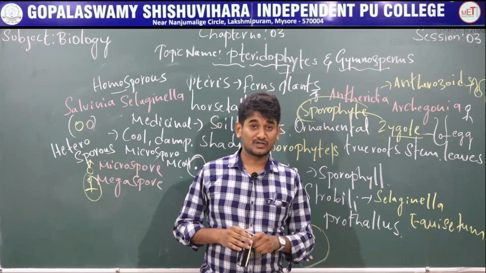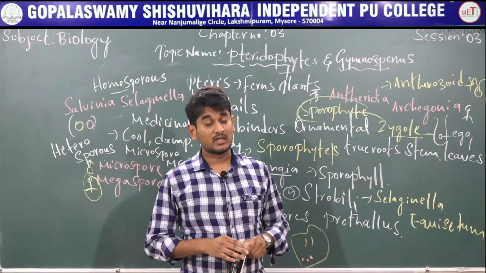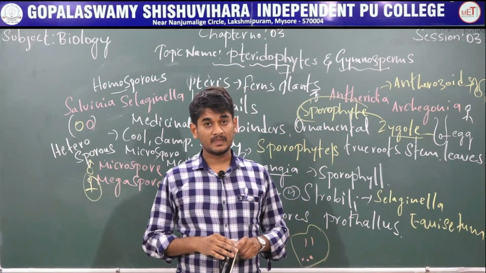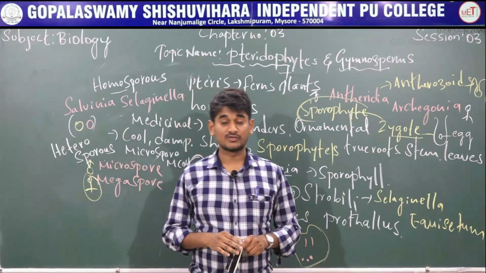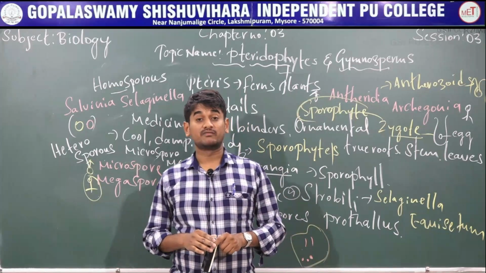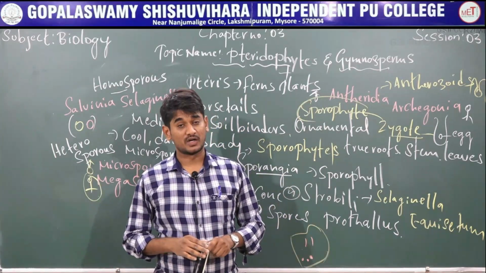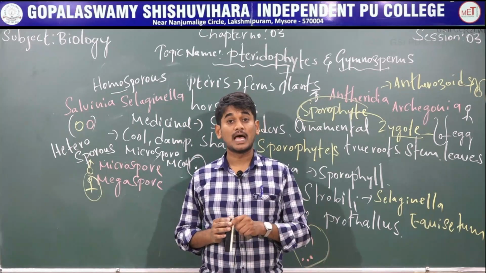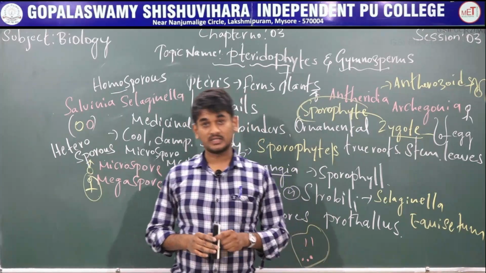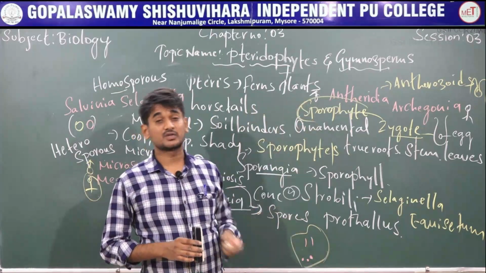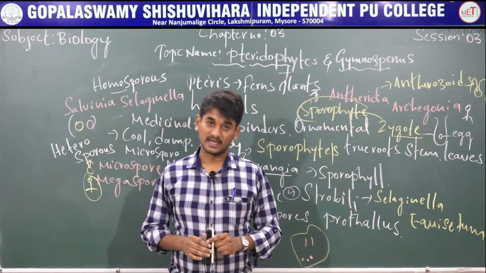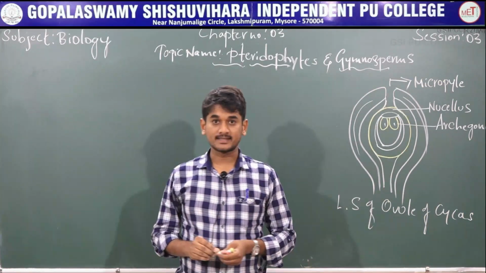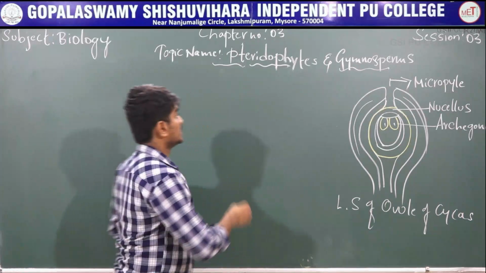The Psilopsida includes Psilotum, the Lycopsida includes Selaginella and Lycopodium, the third one, Sphenopsida, includes Equisetum, and the fourth one, Pteropsida, includes Dryopteris, Pteris, and Adiantum. These are all about the characteristics of pteridophytes.